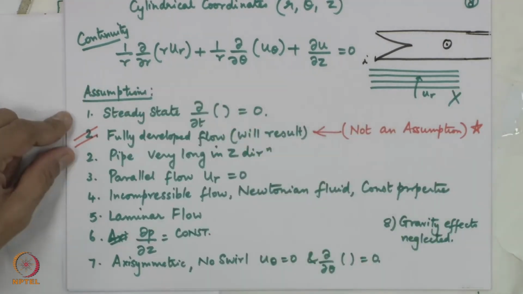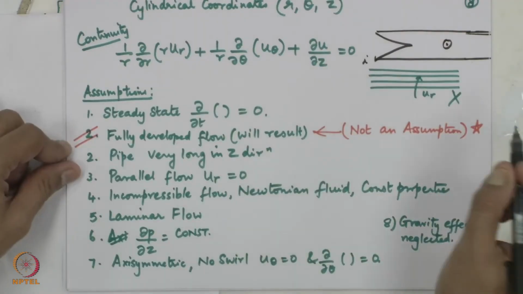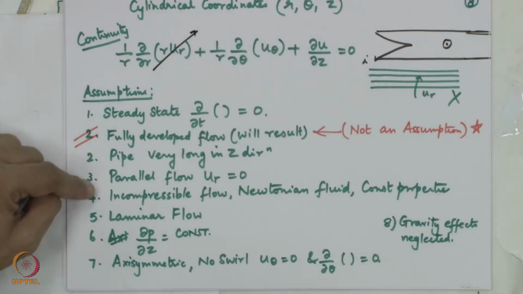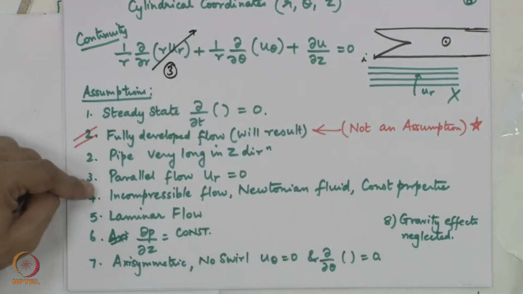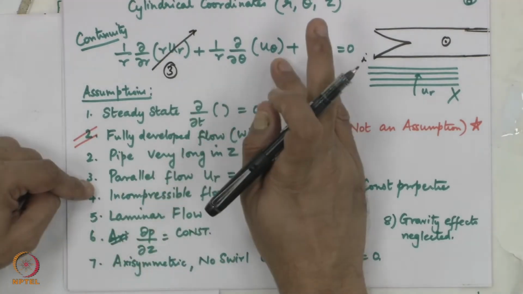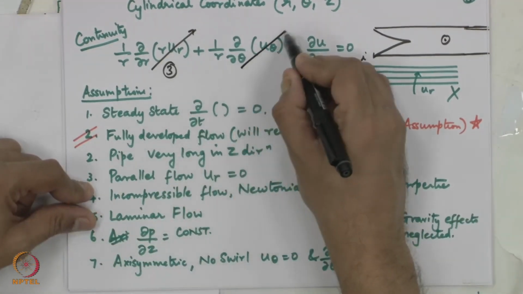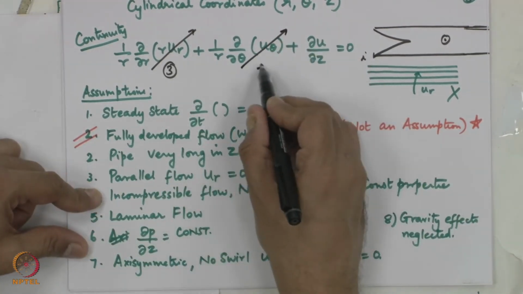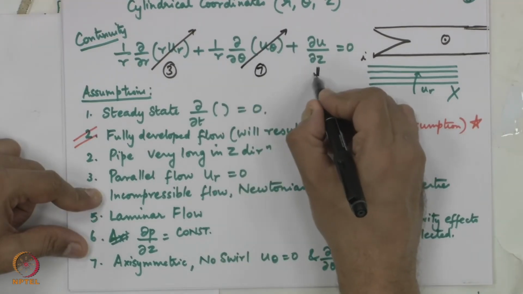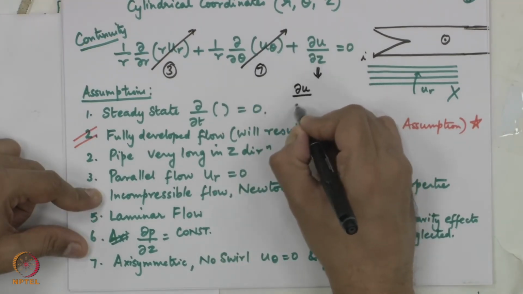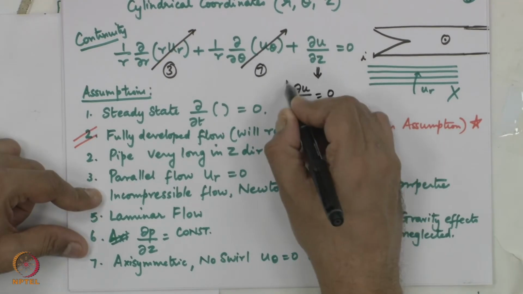Steady state, we have already dropped off the term. u r is equal to 0, we have told from assumption 3. So, this term is going to go to 0. u theta is 0 or d by d theta of any quantity is 0, which is from assumption 7, and this gives me my continuity equation du by dz equal to 0.